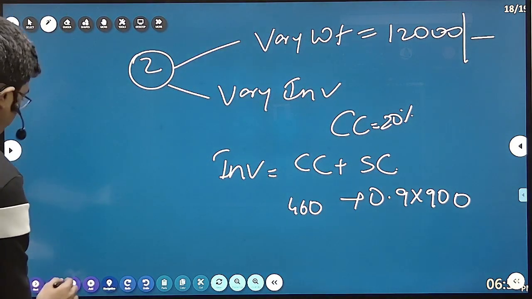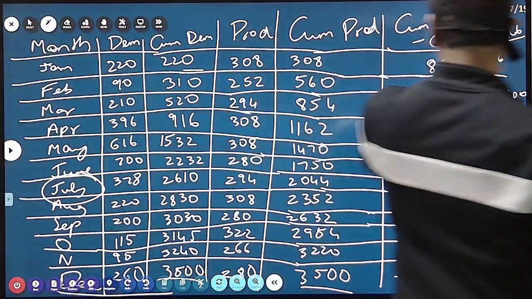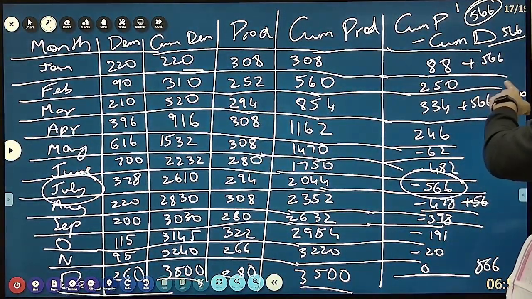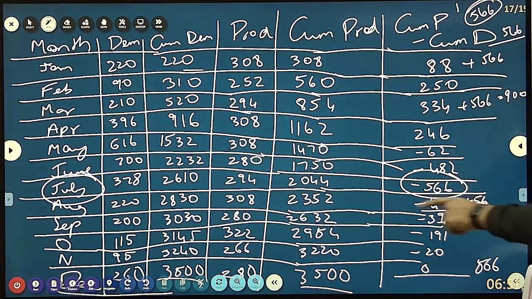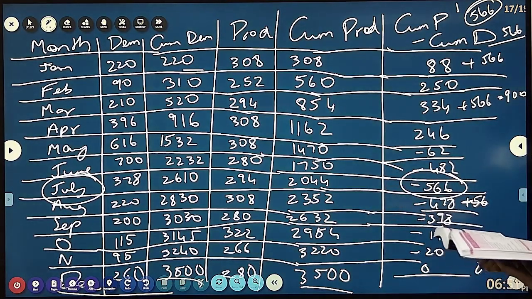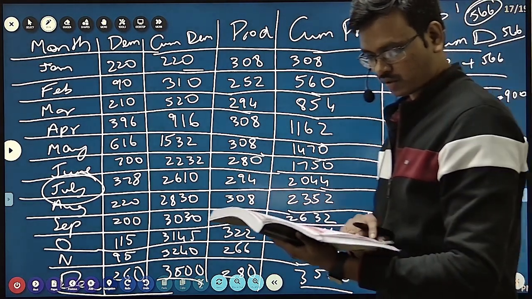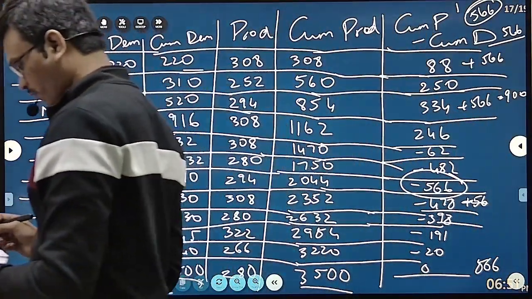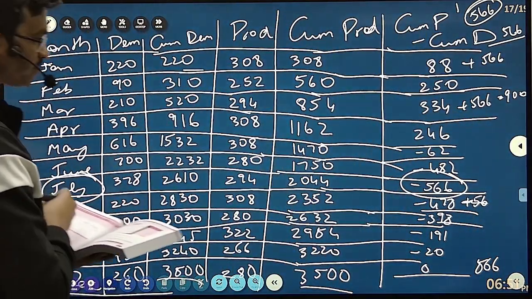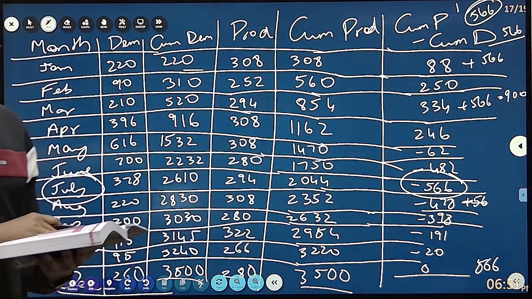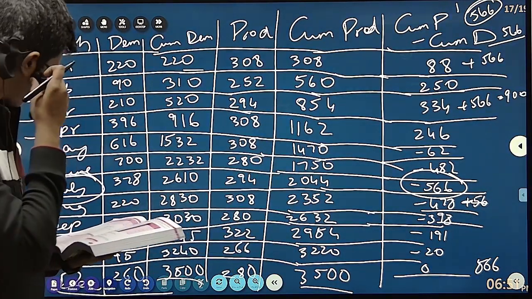Average inventory balance is nothing but the sum of all of this, so plus 566, you will get an end balance, right, divided by 12. That will be your average value of inventory. You can try that out.